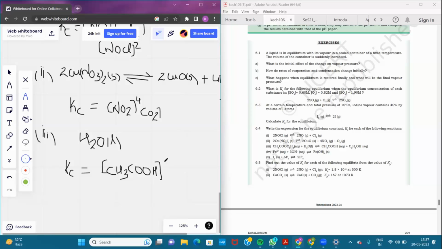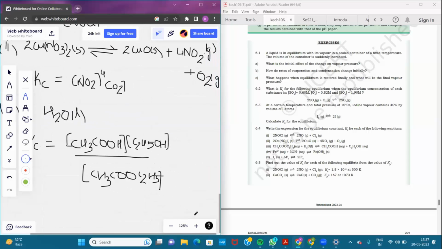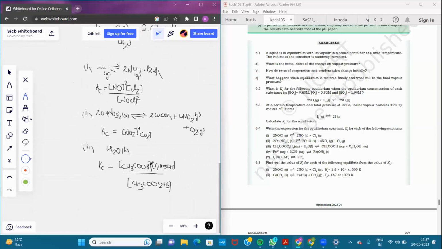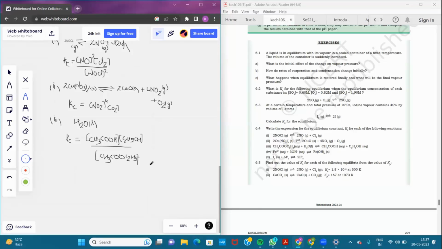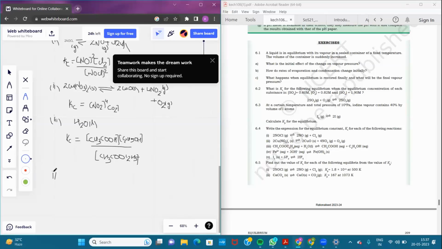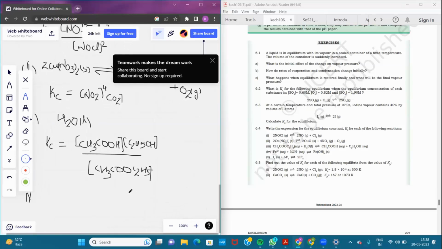Here the stoichiometric coefficient of every reactant and product is 1, so we'll not raise to the power any number. So we'll directly write C2H5OH. Here, this is ester, we'll write it as ethyl acetate. Take care that pure solids and pure liquids will always be excluded from the equilibrium constant expressions. So we'll go with the fourth part.